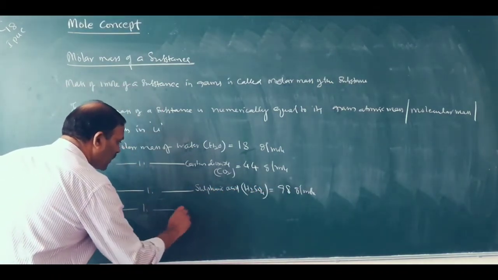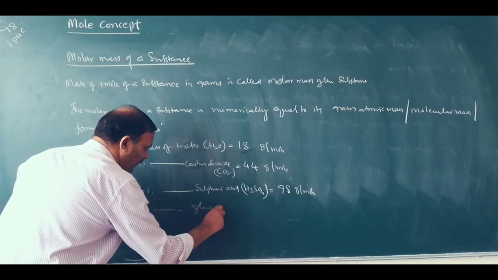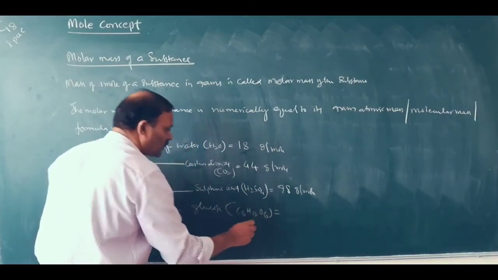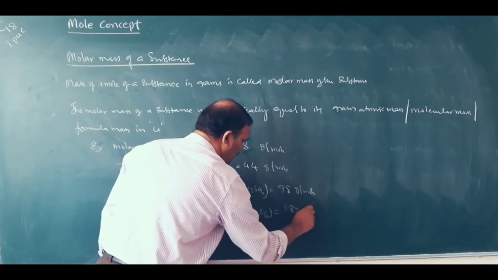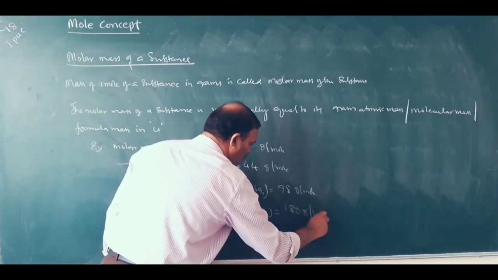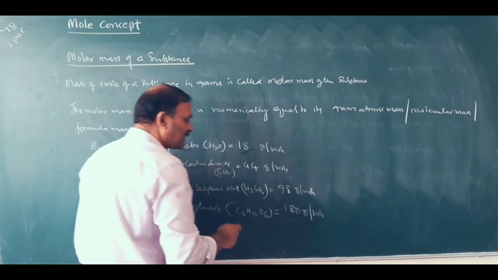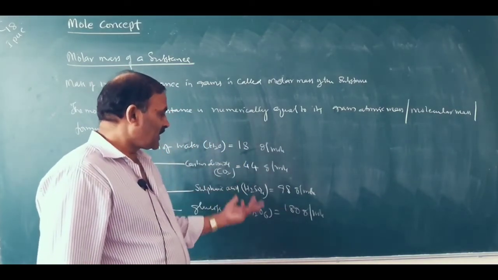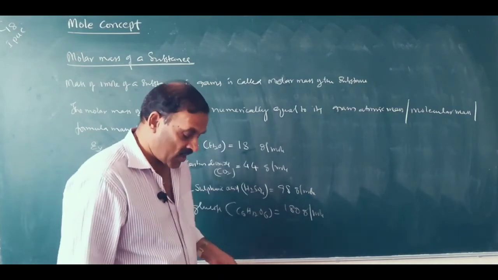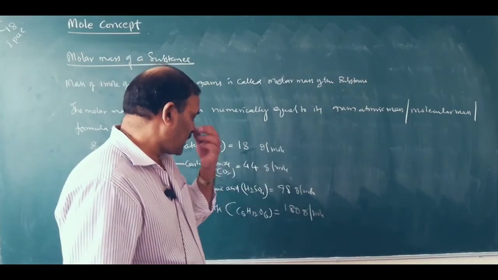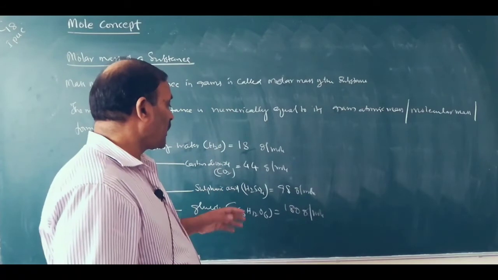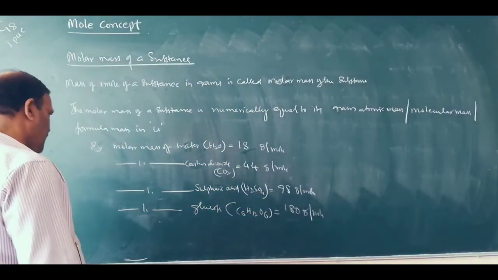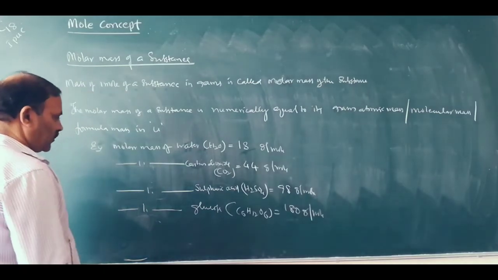Similarly, molar mass of glucose, C6H12O6, is equal to 180 grams per mole. This is the mass in grams per mole of molecules. It is nothing but the gram molecular mass in u, gram atomic mass in u, etc.